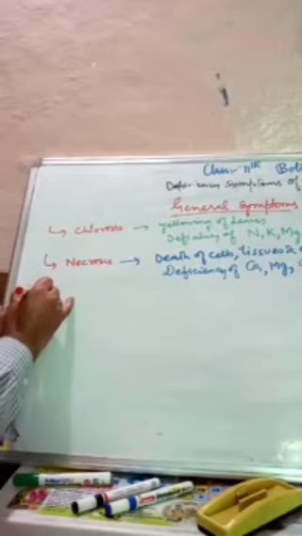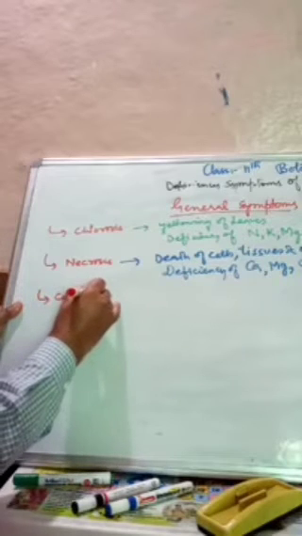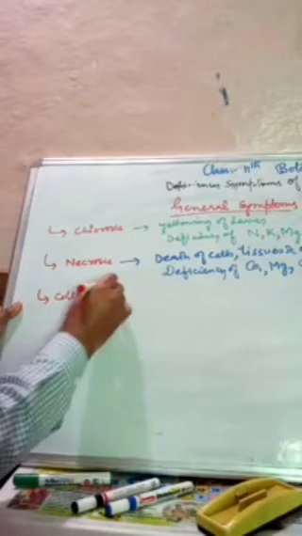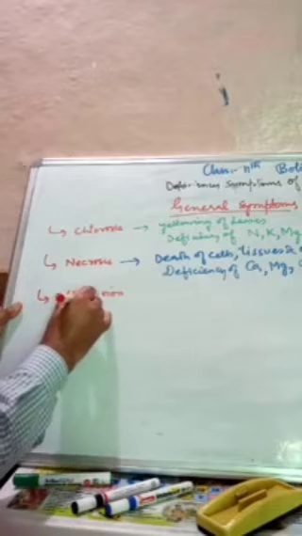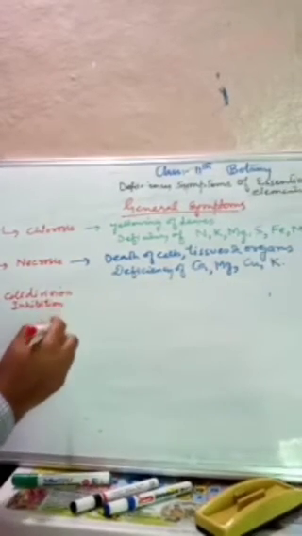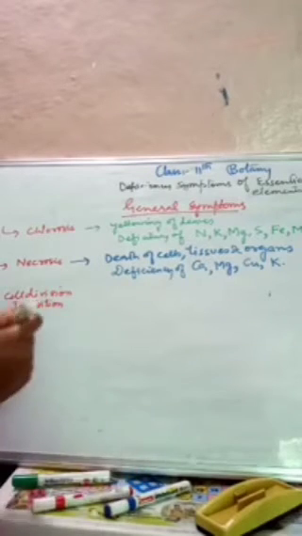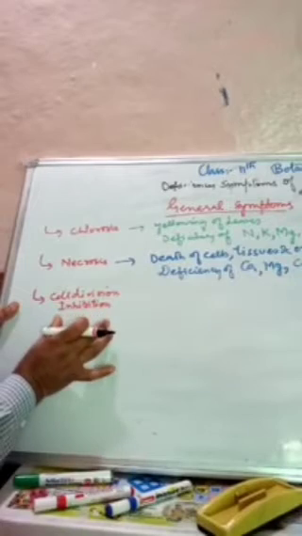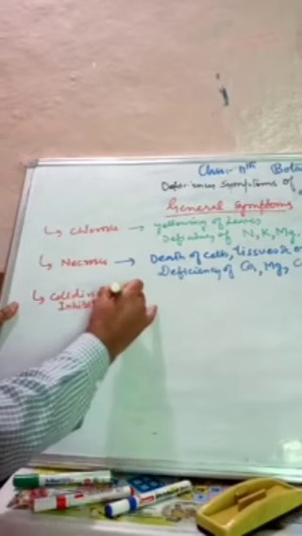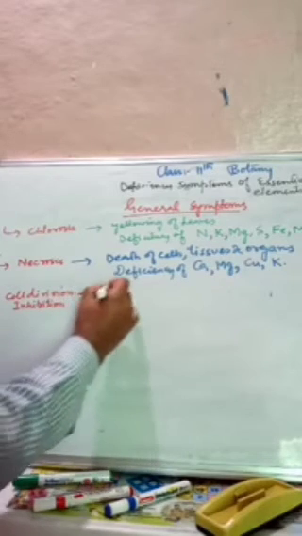अगर हम एक और एलिमेंट की सिम्टम की बात करेंगे, that is the cell division inhibition. जो सेल डिवीजन होते हैं वो अच्छी तरह से नहीं हो पा सकती है. The elements which inhibit slow down the process of cell division. Here we will see, इसमें क्या हो जाता है?